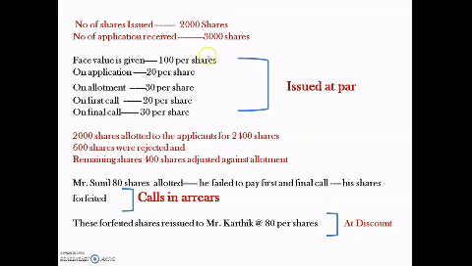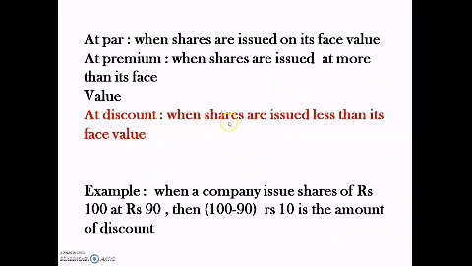Original price of the share is 100, but at the time of resale, the company resold these shares to Mr. Karthik at the rate of 80 per share, which is less than its face value. So we can say shares are issued at a discount. Discount means when shares are issued at less than their face value.